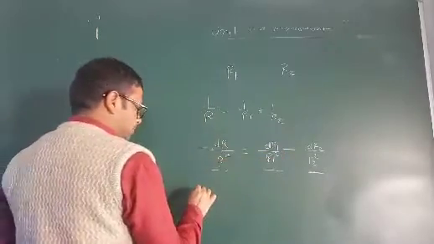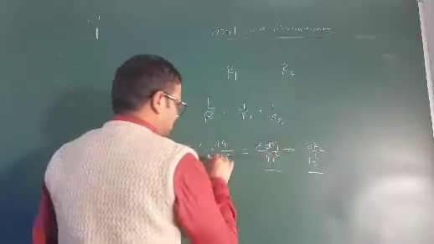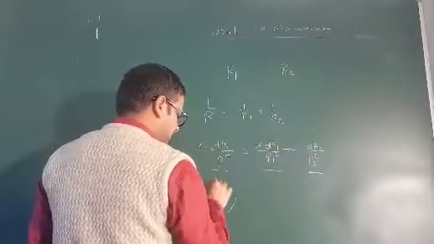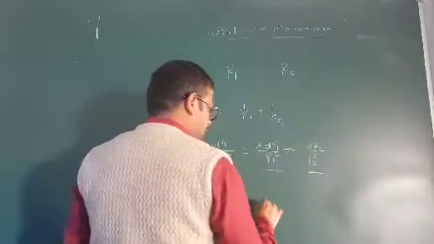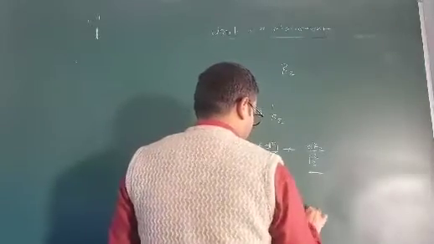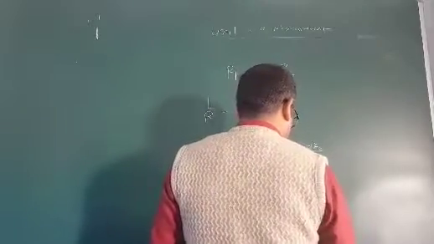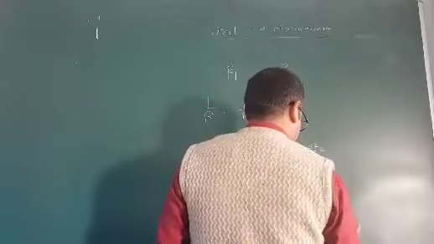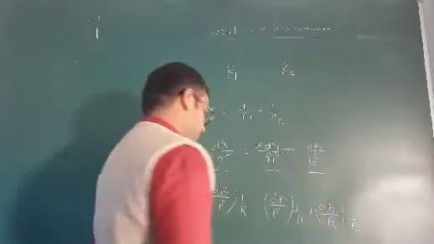So the negative sign will be cancelled. So dR by R into 1 by R equals dR1 by R1 into 1 by R1 plus dR2 by R2 into 1 by R2.